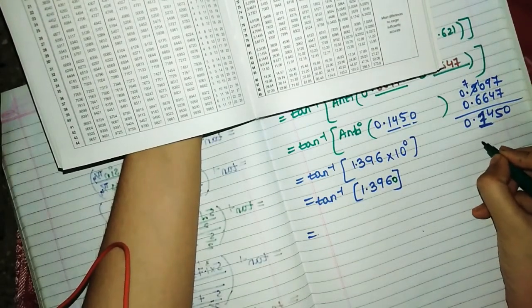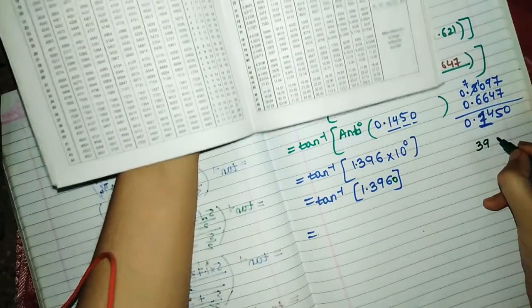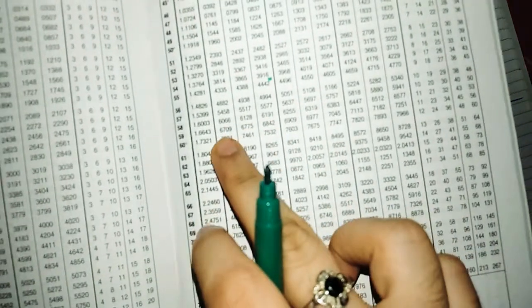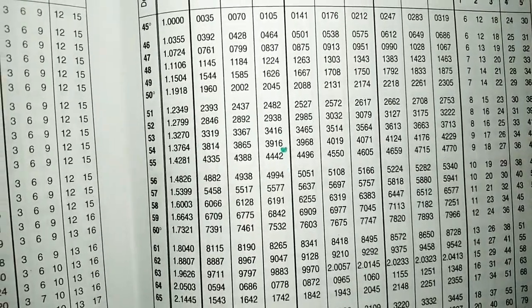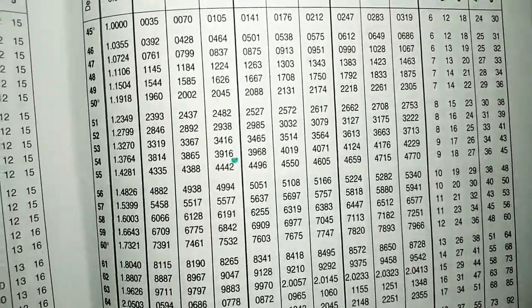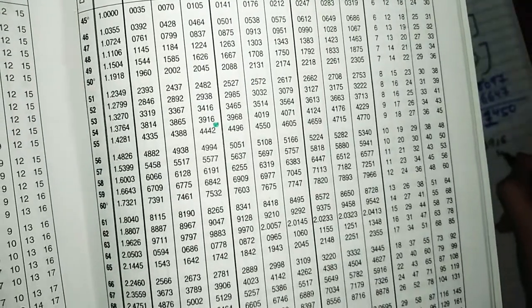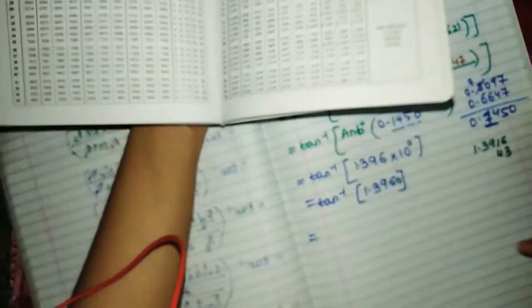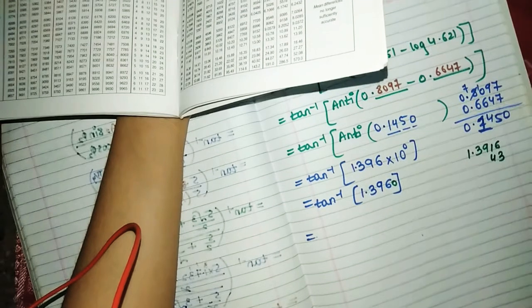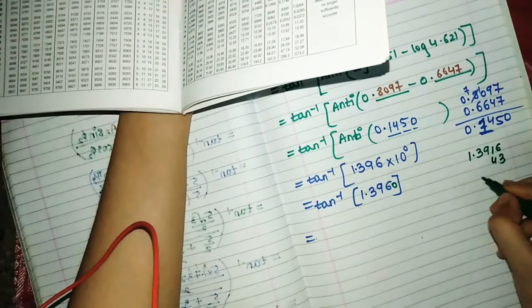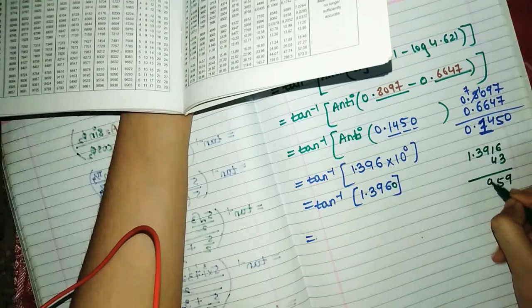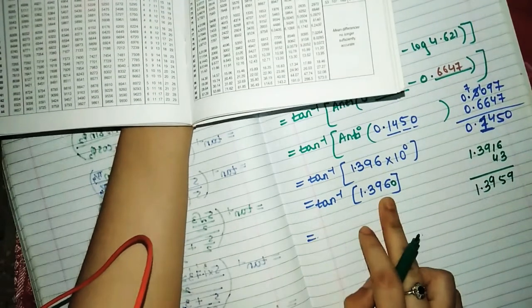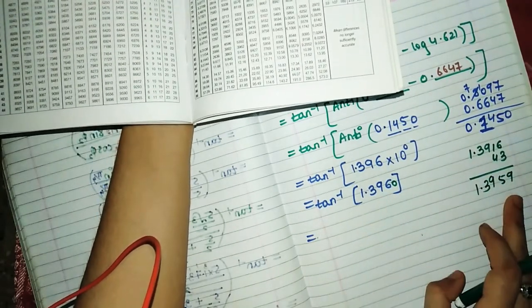That is 1.3916 adding 43. 6 plus 3 is 9, 1 plus 4 is 5, and this 9 and this 3. Yeah, it is close to my digit 60, and here it is 59.